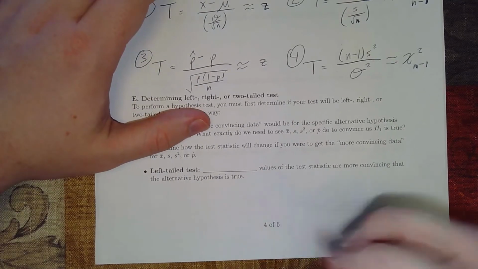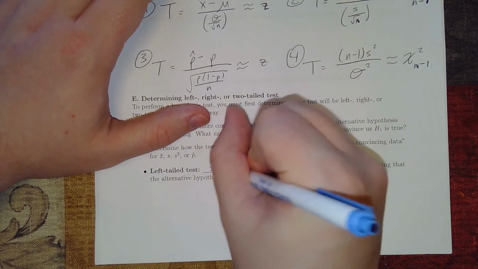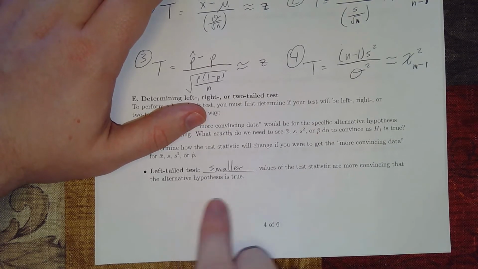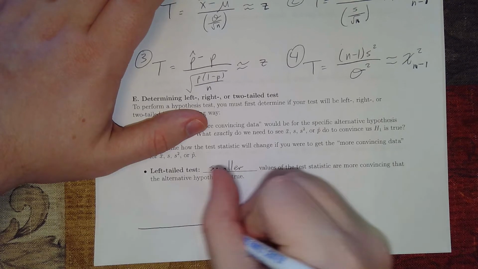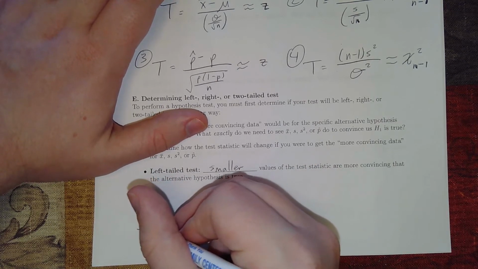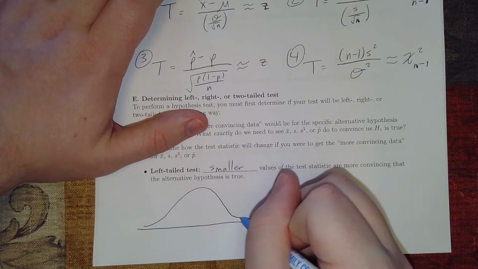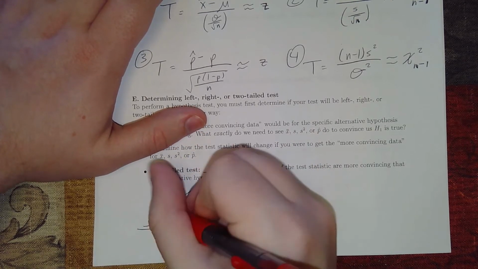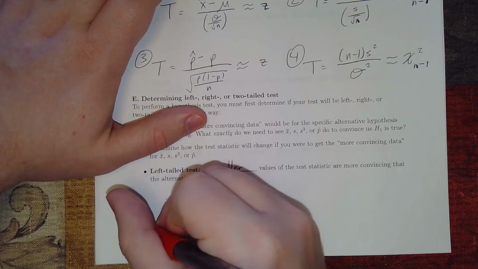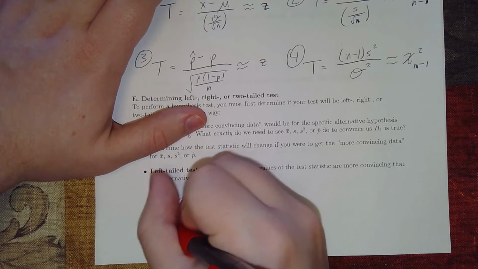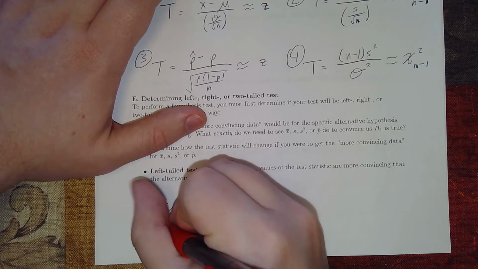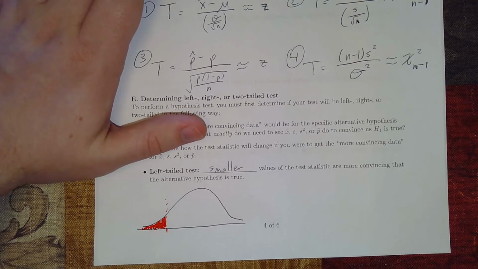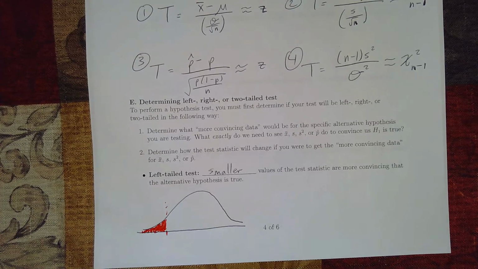First, the idea of a left tail test. A left tail test means that smaller values of our test statistic are more convincing that the alternative hypothesis is true. So here, say I've got something like this. A left tail test means that I only care about small values from our sample. Small values are the thing that will cause us to reject in some way, shape, or form.